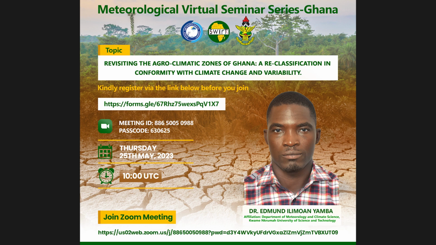All right, thank you very much. Good morning, everyone, and thank you Dr. Yamba for the presentation. The AA is Afia Atiobe. Please, by your explanation, you said that it is clear that there is a difference between agro-climatic zone and agroecological zone. But I was expecting that your result should come out with an agro-climatic zone because of the variables that you use for the modeling.